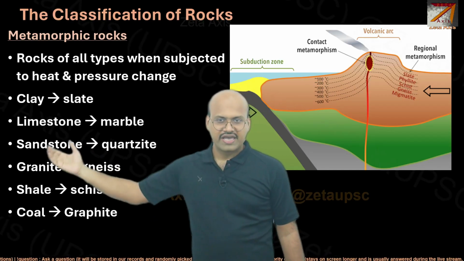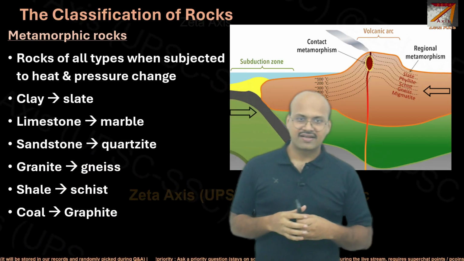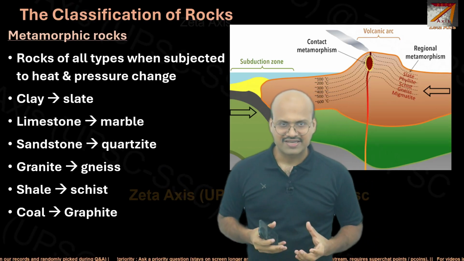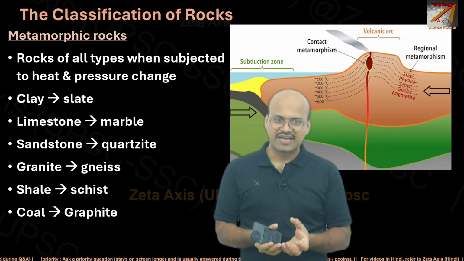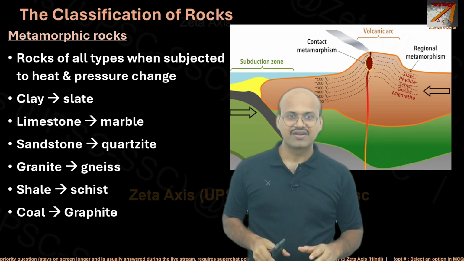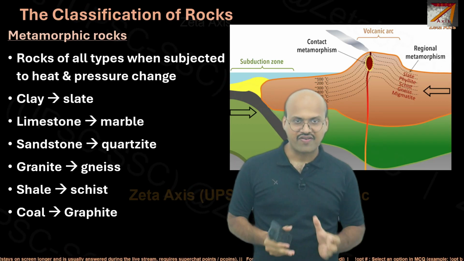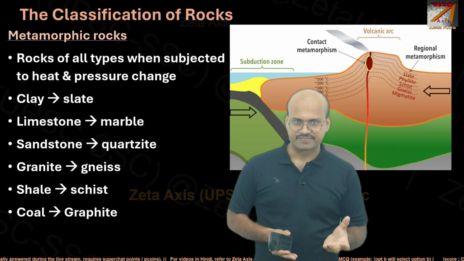So any type of rock can be converted into metamorphic rock. Remember that metamorphic rock does not mean that the rock which existed earlier gets molten away and then that melted part is resolidified. That is not metamorphic rock. Metamorphic rock is that within the solidified form, the rock will change its characteristics.